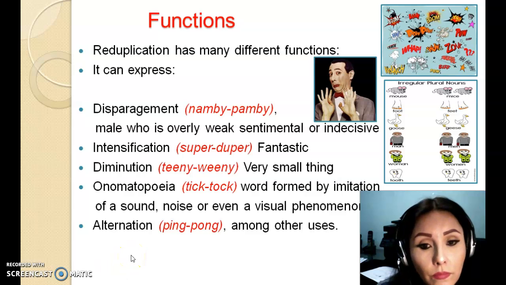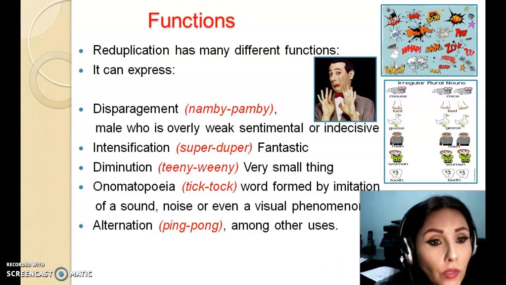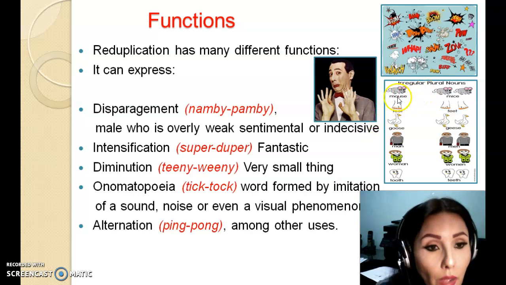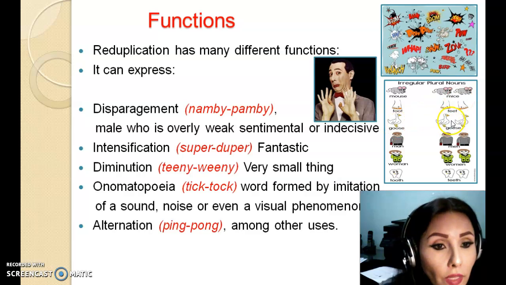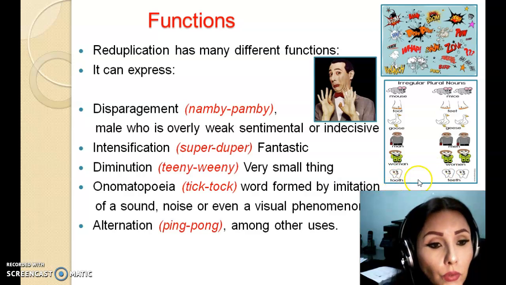Alternation, the word ping pong, for example, among other uses. Here in alternation, we can also talk about irregular plurals, for example, mouse, mice, foot, feet, goose, geese, man, men, woman, women, and tooth, teeth.